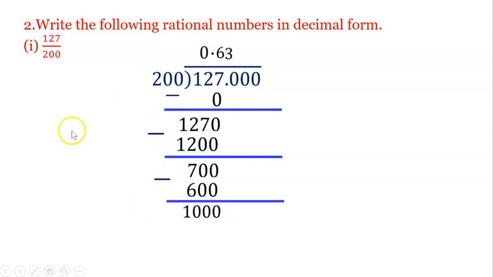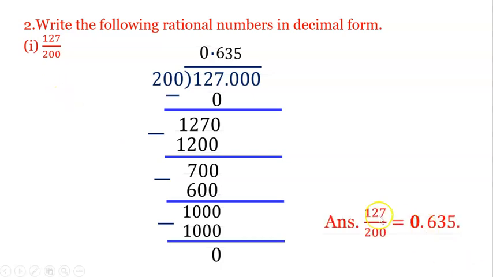Again 200 into 5 gives 1000. Subtraction, and the remainder is 0. This is a terminating type division because the denominator has the prime factors 2 or 5. Hence we write 127 upon 200 equals 0.635.